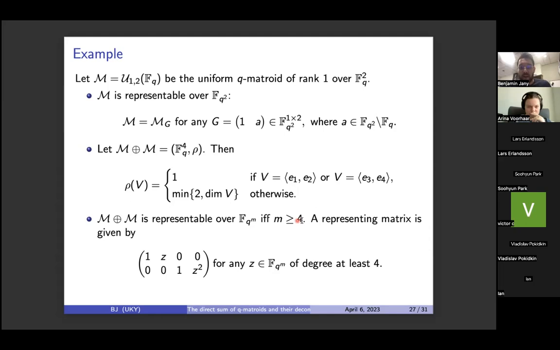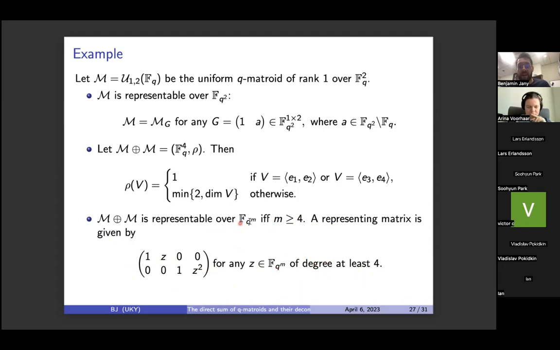Okay. And a representative matrix is given by this matrix, where here Z has to be an element of degree at least 4, which is why we need to consider the field extension of degree greater or equal to 4 to make sure that I have such an element.